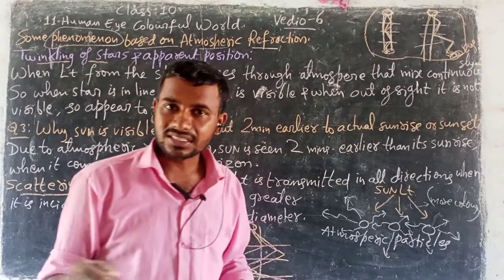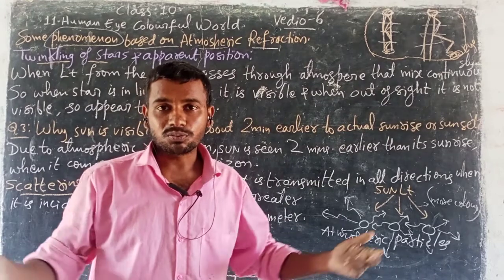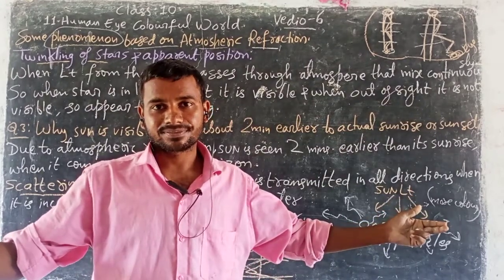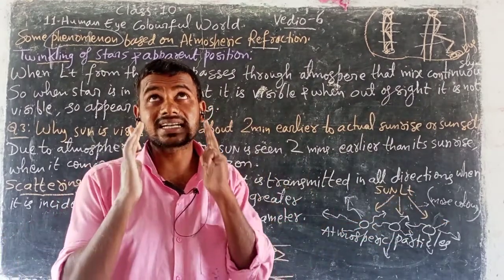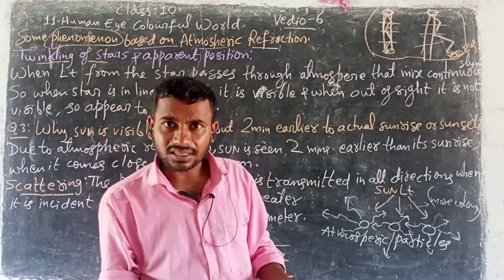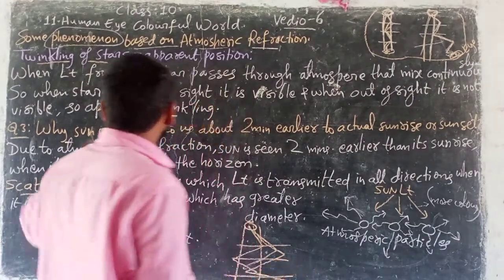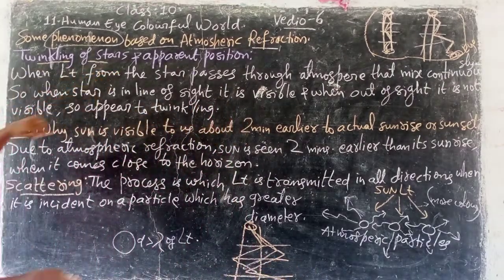The moon is not a twinkling star. The moon is not refracting that much because the moon's size is bigger and our line of sight is a little small. Only in that case is it refracting. Enough. Next, twinkling of stars. That is the topic.